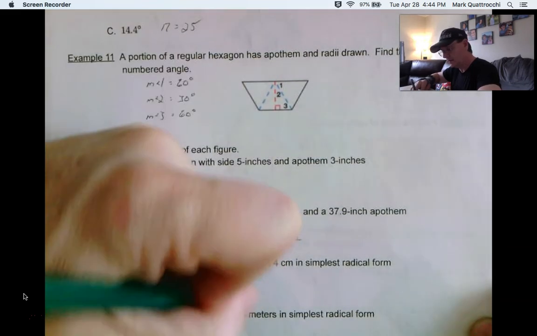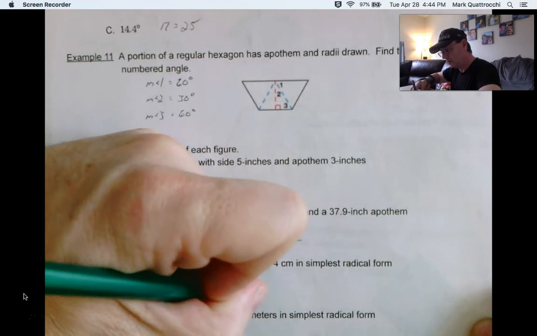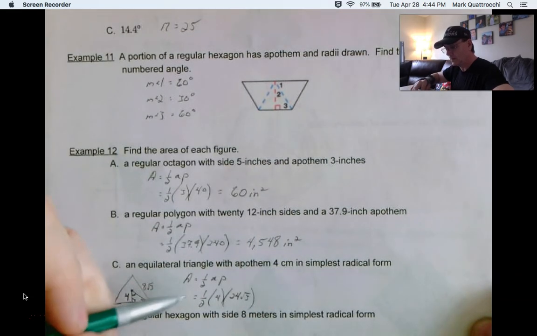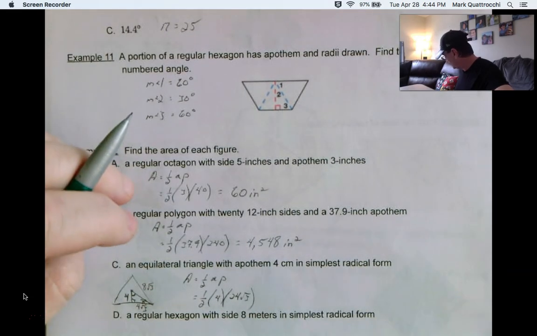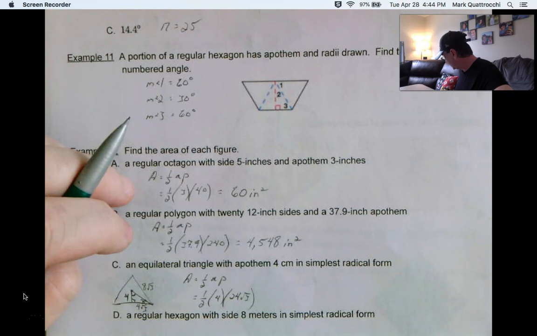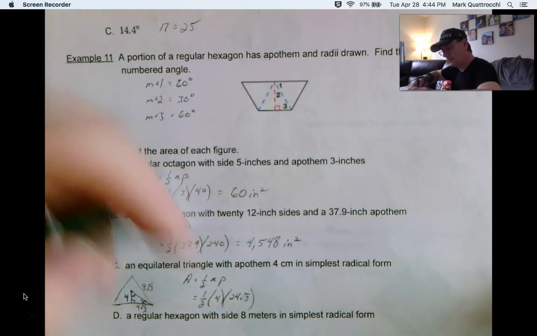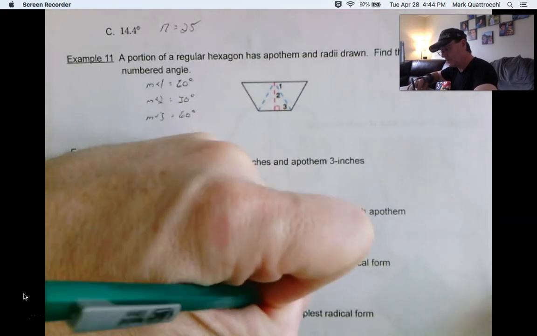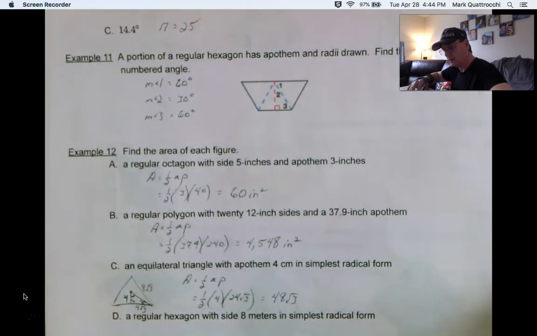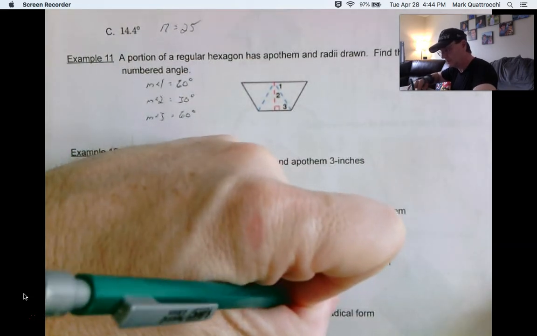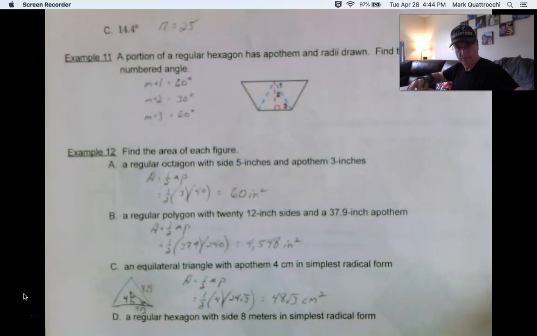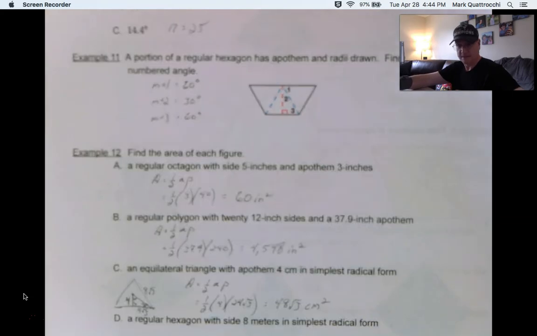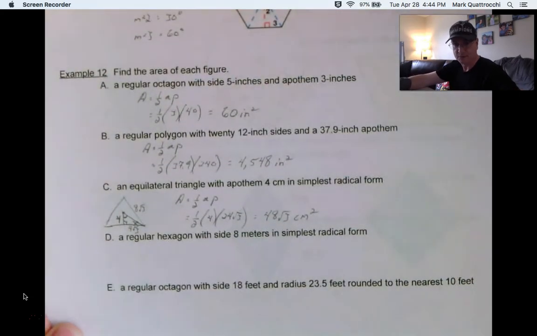Perimeter we just calculated to be 24 square root 3. 12 times 4, 48 square root 3 centimeters squared. And this one says in simplest radical form. Part D does as well.